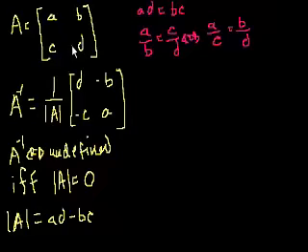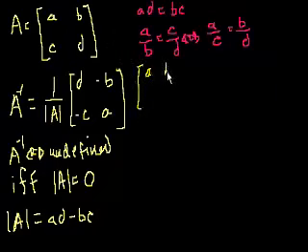But let's think about how that translates into some of the problems that we looked at. So let's say that we had this matrix representing the linear equation problem. Well, actually, this could be either one.